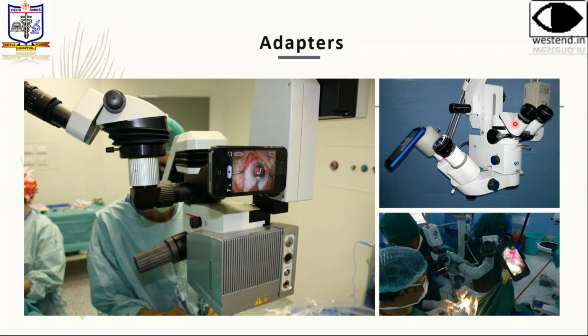So the main surgeon will be operating on one main surgical microscope, while the observer scope can be used for recording. So this is in Aravind Eye Hospital, Pondicherry, where we have a teaching microscope with an observer scope in every operation theater. So in that case, surgical recording with that adapter is quite useful.